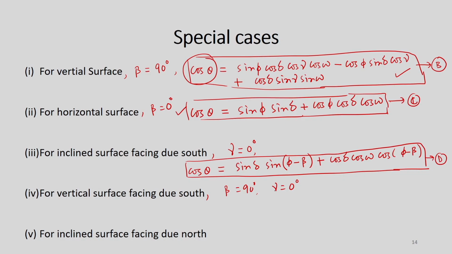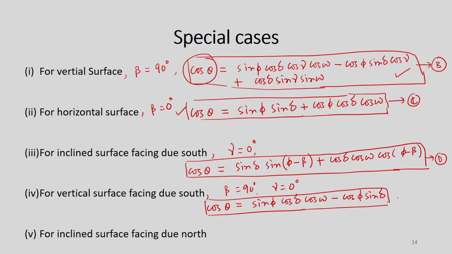So, if we substitute these values, then equation B will simplify to something like cos of theta is equal to sine of phi cos of delta cos of omega minus cos of phi, then sine of delta. Okay. So, we can name this equation as E.